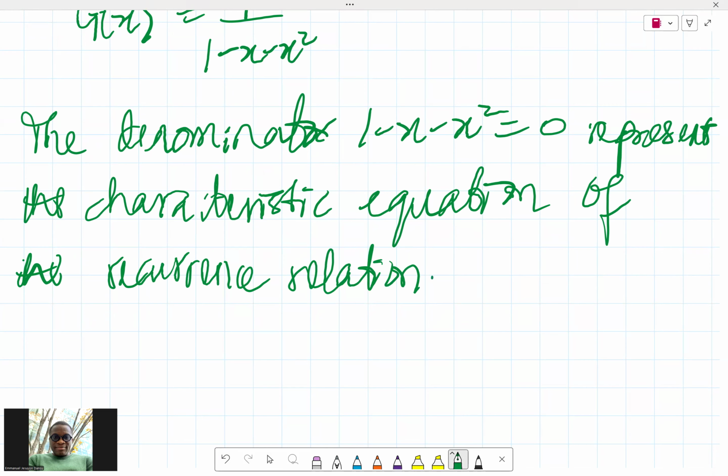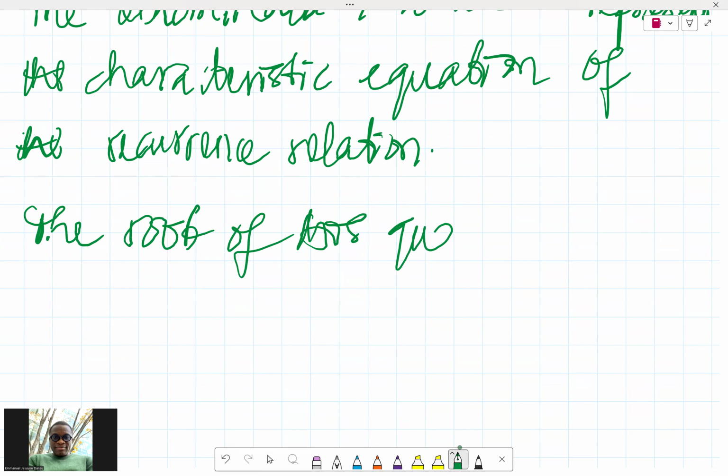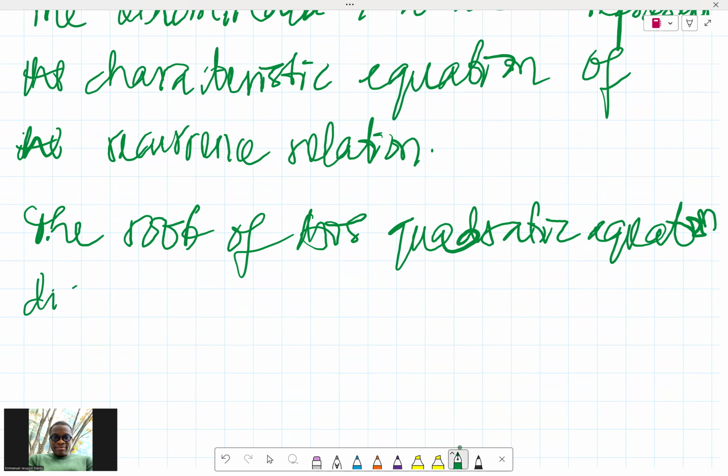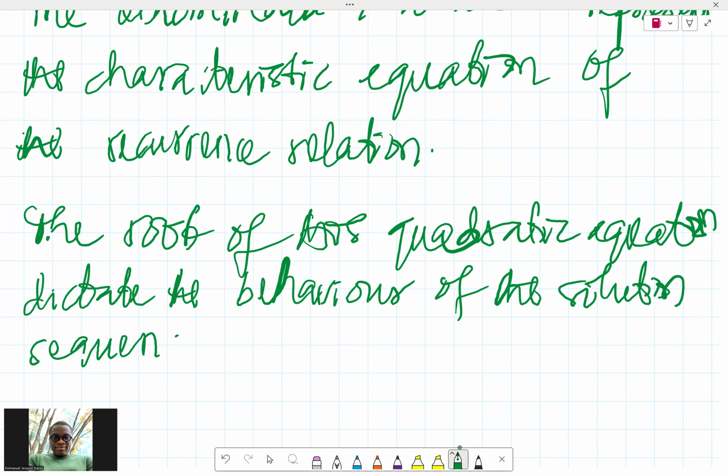The roots of this quadratic equation dictate the behavior of the solution sequence. So it means we need to know the roots of that particular equation.